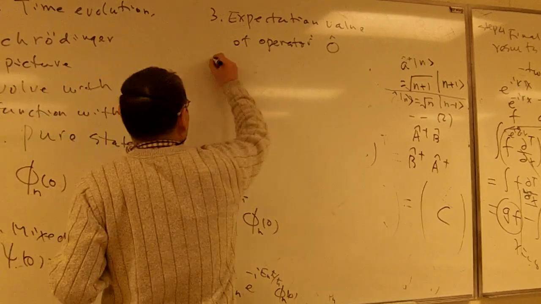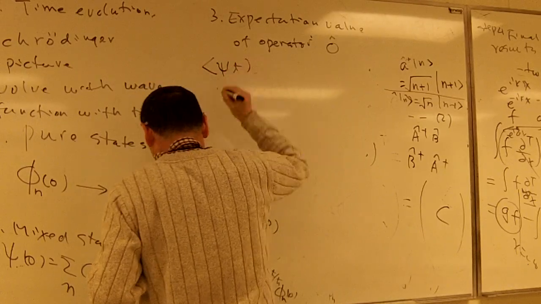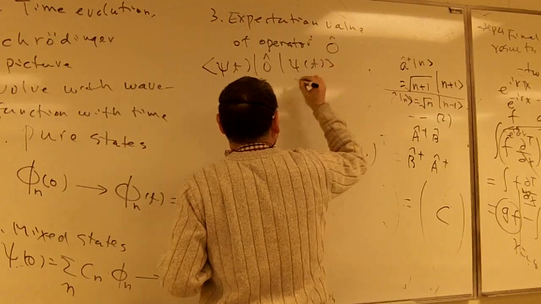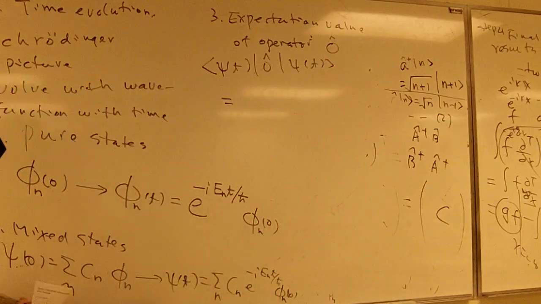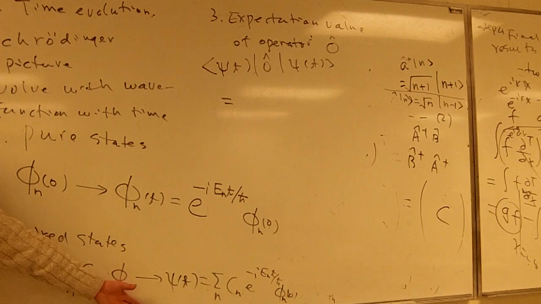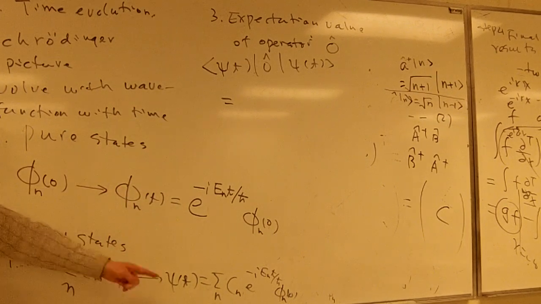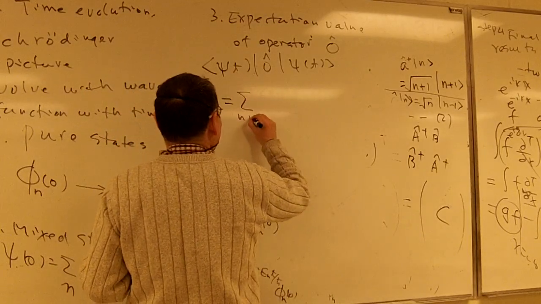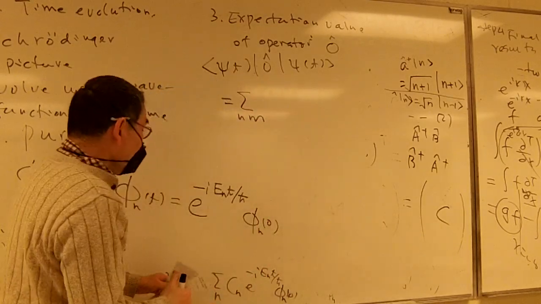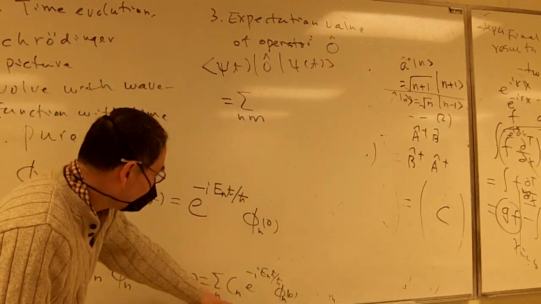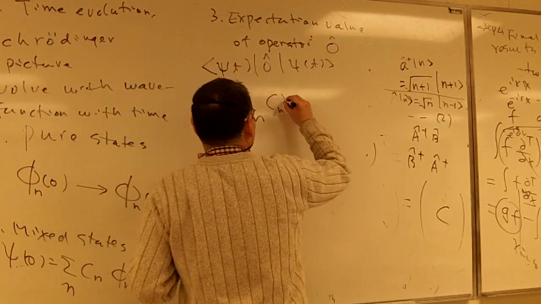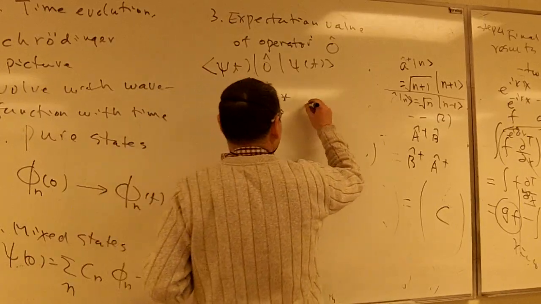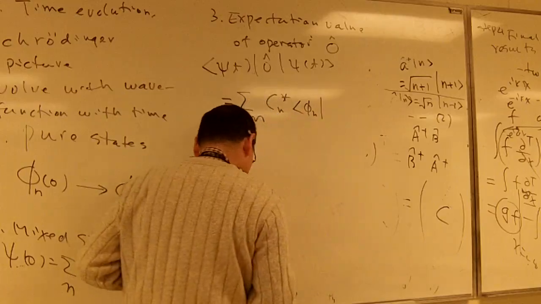For instance, if we have an expectation value, and then we will do something like this. I'm not going to rewrite the whole thing. This is basically the same as before, but I do want to write it down the first time. This will equal the sum over n, m. On the left-hand side, I use the n character, Cn dagger, also don't forget the dagger, and phi in this direction.